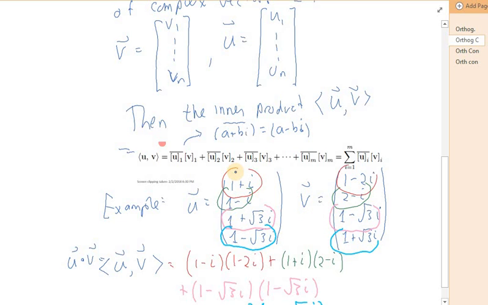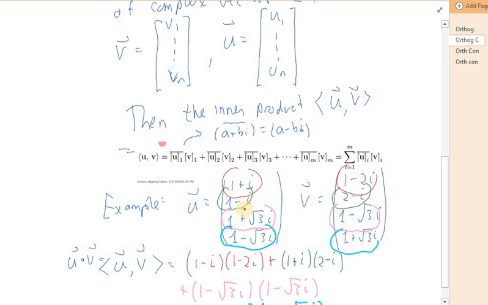Now, what's the inner product of these two vectors? Well, remember, you have to take the complex conjugate of the components of u and multiply by the corresponding components of v. So I'll take the complex conjugate of 1 plus i, which gives me 1 minus i, times the first component of v, which is 1 minus 2i. So this red comes from the first components of u and v. The green comes from the second components. Complex conjugate of 1 minus i is 1 plus i, times 2 minus i.